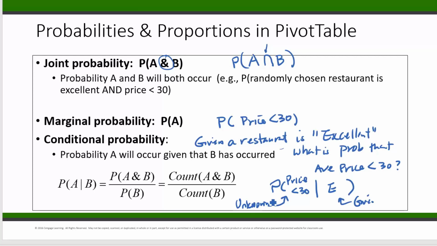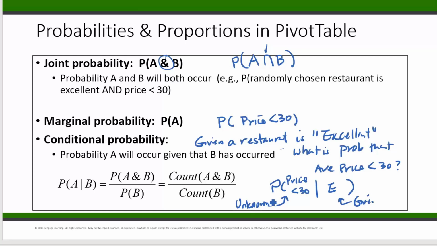So here we ask, how many satisfy this condition? That goes in the denominator. So how many restaurants are excellent? That goes here. And then we ask, out of this many restaurants that are rated excellent, how many of those also have price under $30? So excellent and under 30.